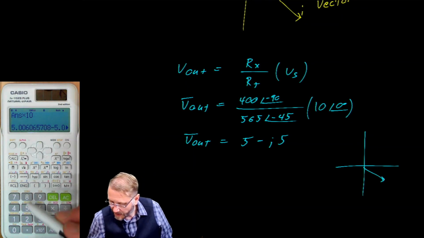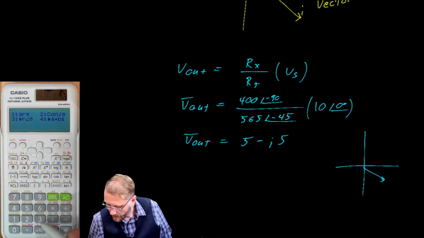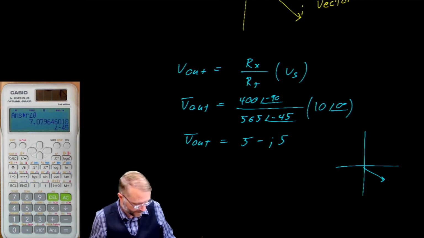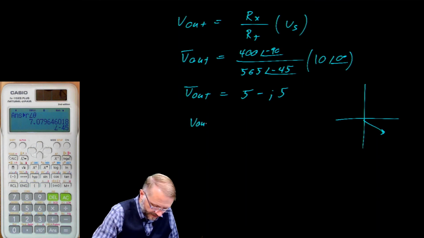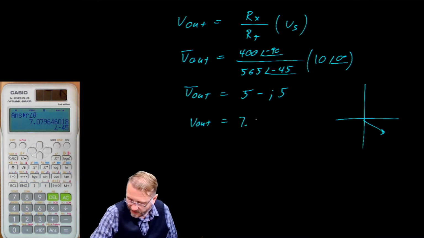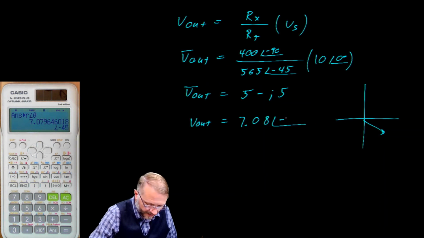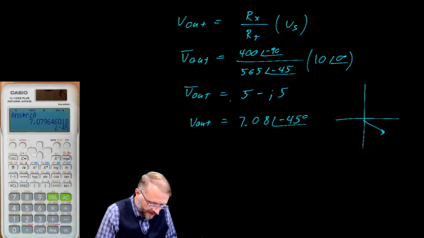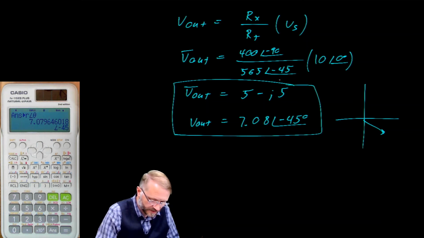If we put that into the other form, we would say V out could also be expressed as 7.08 at a phase angle of negative 45 degrees. Again, these two are the same description.